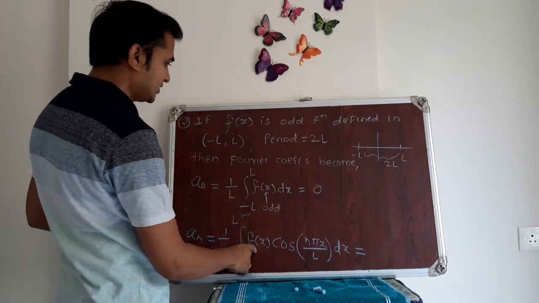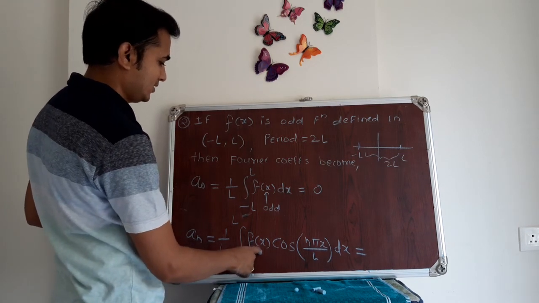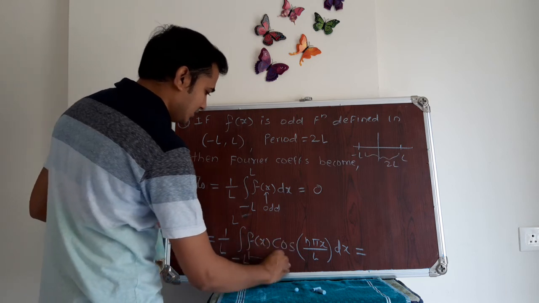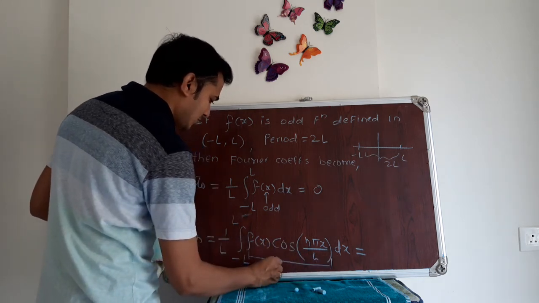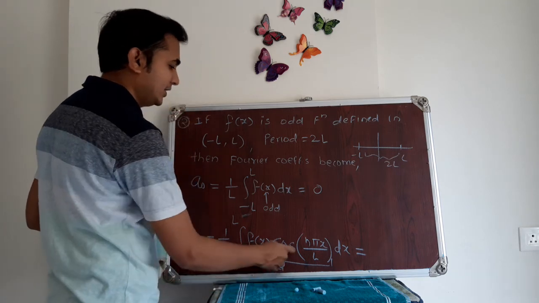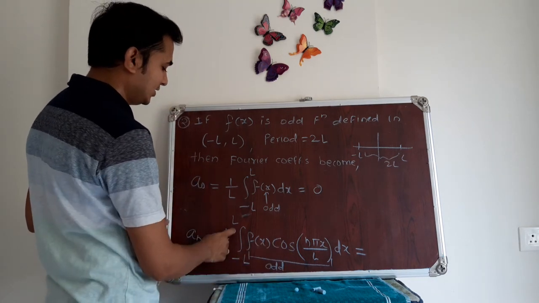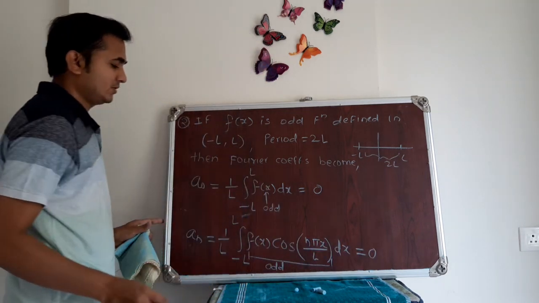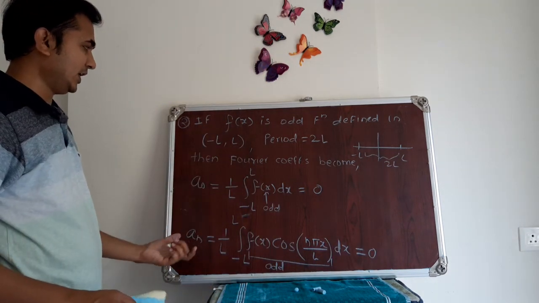Now here f of x is odd and cos is even. Odd into even is odd, so minus L to L, integration of an odd function is 0. So a naught is 0, an is 0.